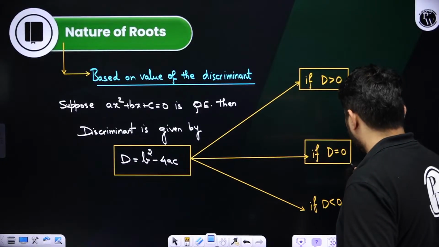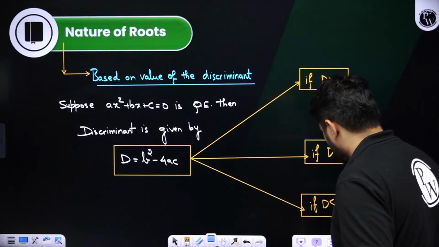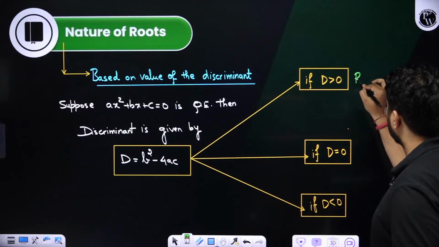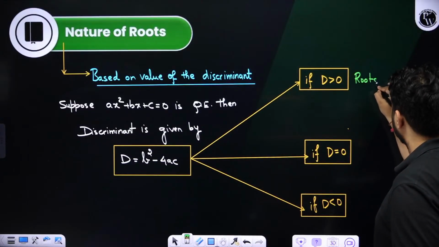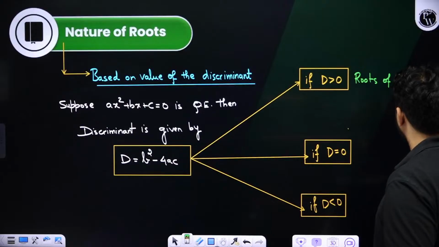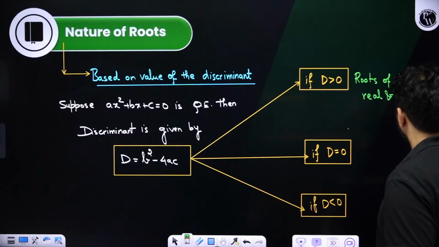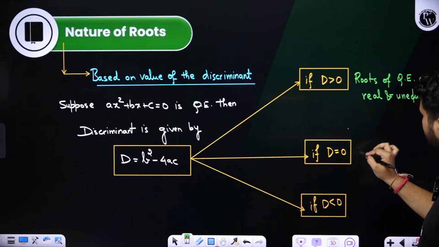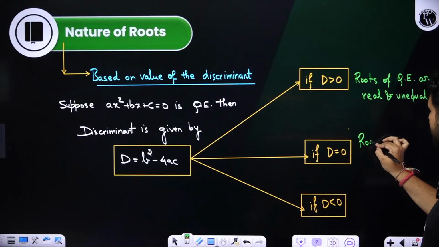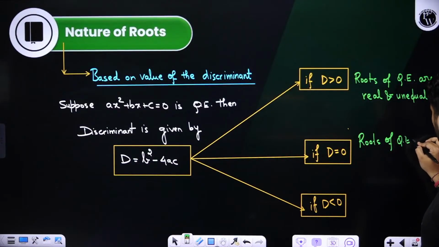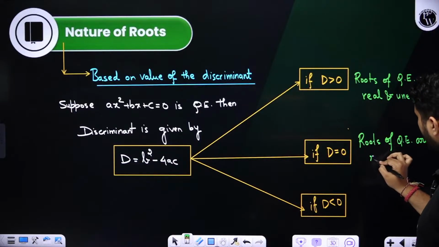If the discriminant value is greater than 0, students, we say that the roots of the quadratic equation are real and unequal. If discriminant value is equal to 0, roots of the quadratic equation are real and equal.